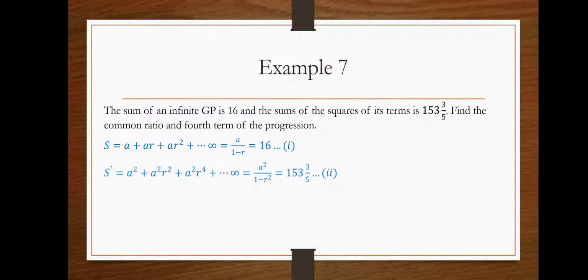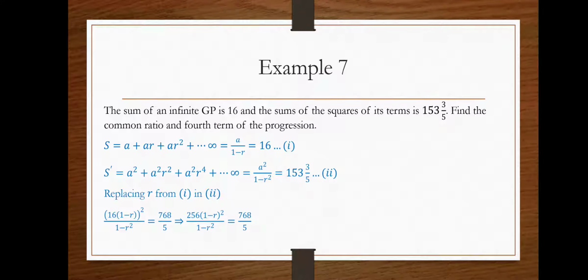So from there you can find a relation between a and r, and again the sum of the squares of each and every term is given as 153 by 5. So here the first term is a square, common ratio is r square, so a square by 1 minus r square. So all you need to do is solve these two equations and find the values of a and r.